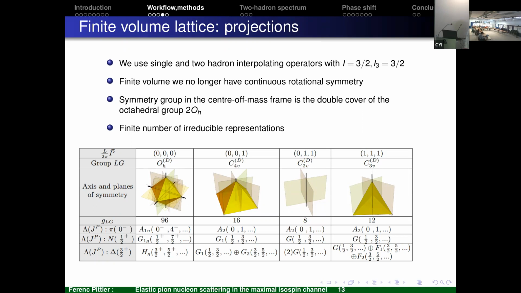Among other things, yes. Totally agree. This is the only way we know how to define the theory in a non-perturbative way. It doesn't matter what that means, but there is no other way to define QCD. We have to discretize it.